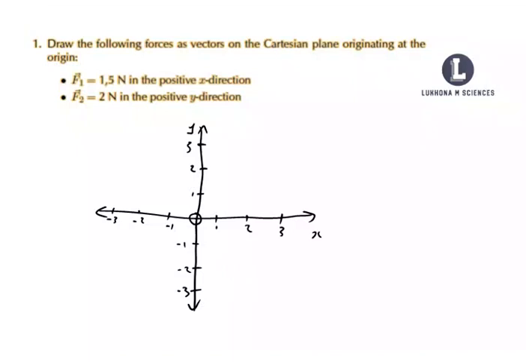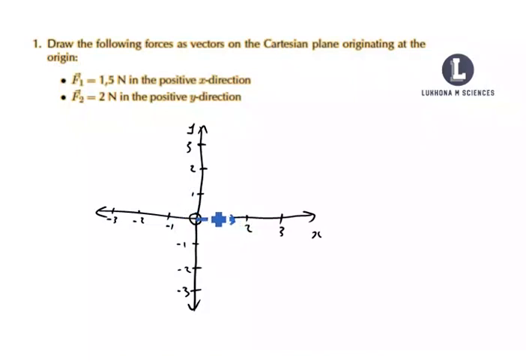Now we have two forces. Force 1, which is 1,5 newtons in the positive x-axis. So the positive x-axis is this one. We are going to draw a line up to 1,5 on the positive x-axis. 1,5 is supposed to be here.